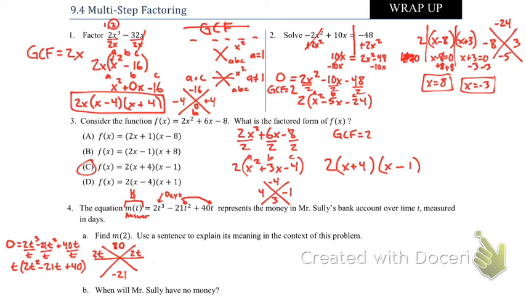So we want what multiplies to 80 and adds up to negative 21. So it's going to be negative 16, negative 5. Cool.